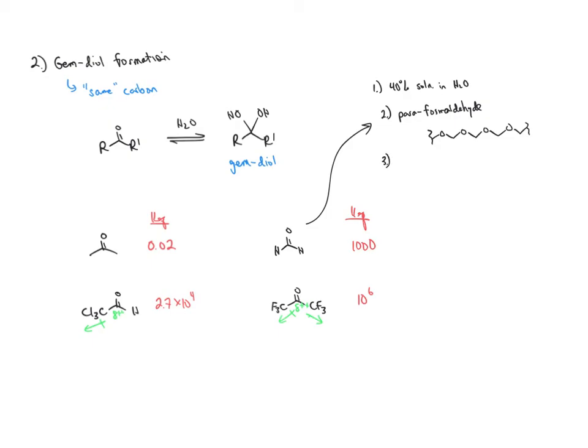Or there's a substance known as s-trioxane, which has units of CH2O embedded within a 6-membered ring. So there's 3 oxygen units embedded within a 6-membered ring. So these are good sources of formaldehyde.